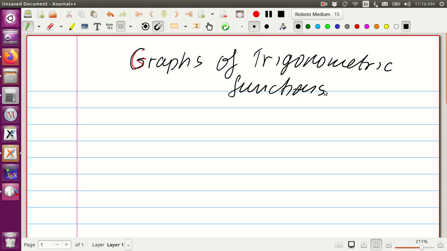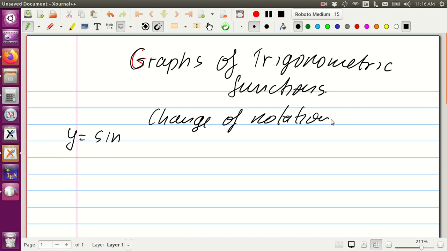Alright, so first of all, we would like to talk about y equals sine, but here we'll have a change of notation. We will use x for theta.